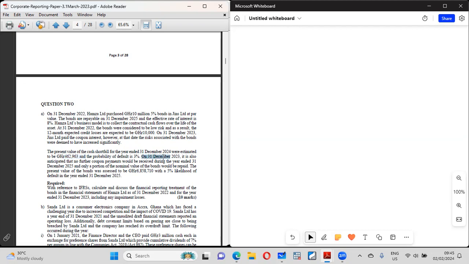Then on 31st December 2023, it's also anticipated that there is no further coupon payment. It means that even after 2023 too, you are going to do it year on year. It looks as if the examiner, I think there was a day we solved the question about IAS 37. He did the same thing with IFRS 16.